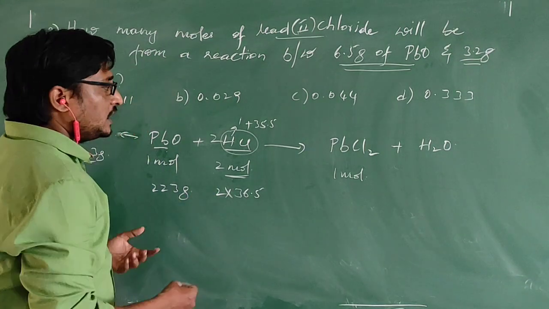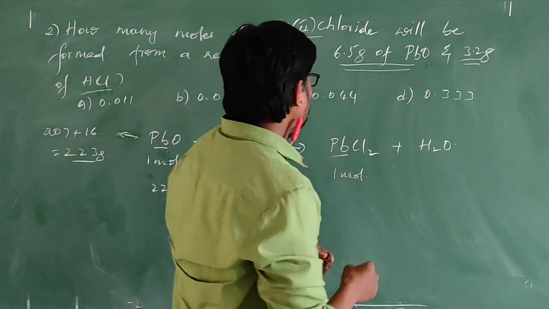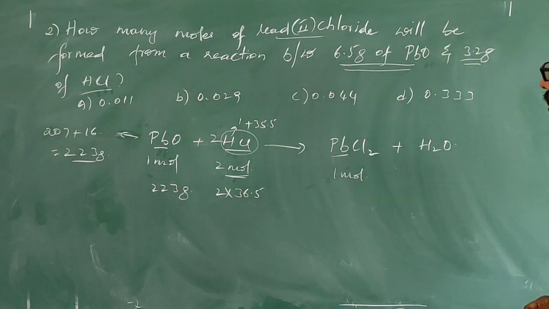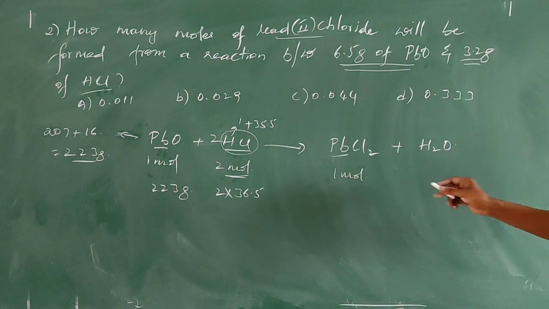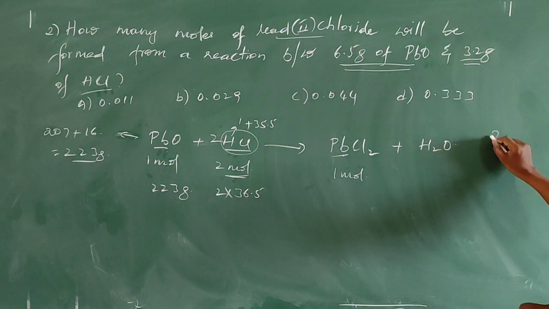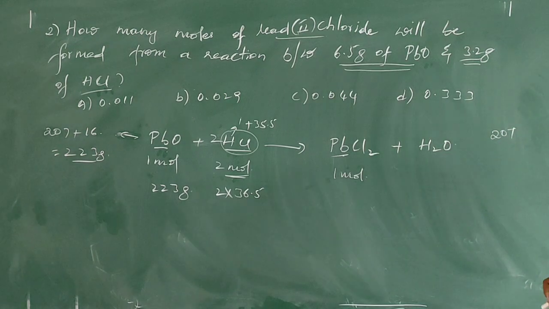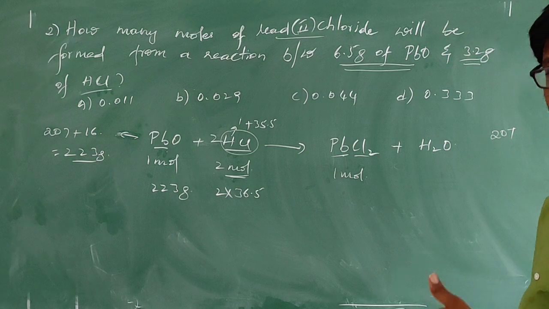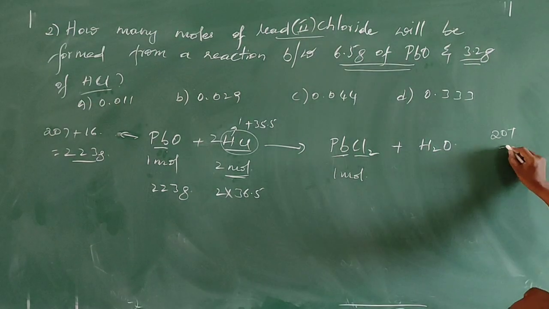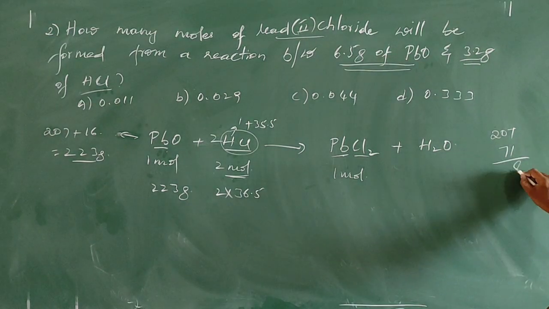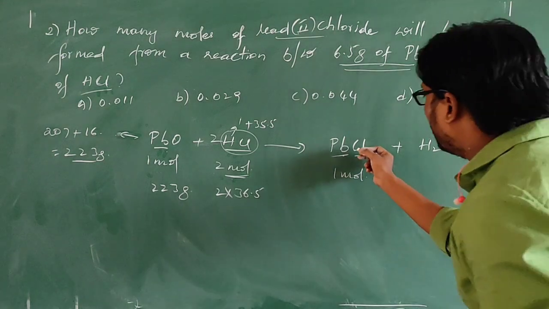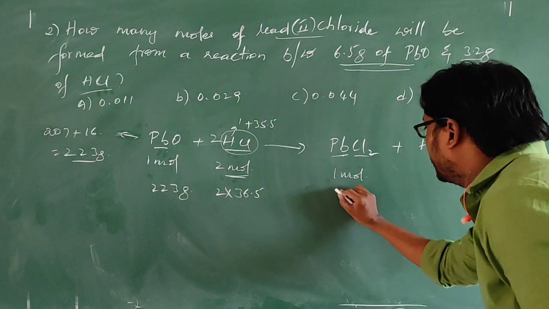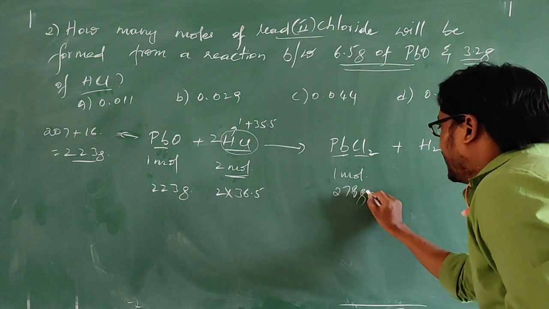This will produce, let us see the mass of 1 mole of lead chloride. Lead is 207. Each chlorine will have an atomic mass of 35.5. 2 chlorines means it will be 71. So the molar mass of lead chloride will be 278 grams.